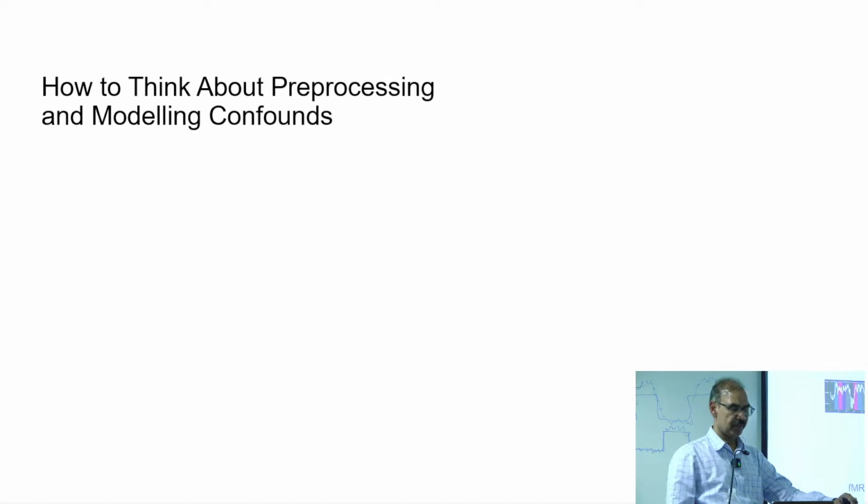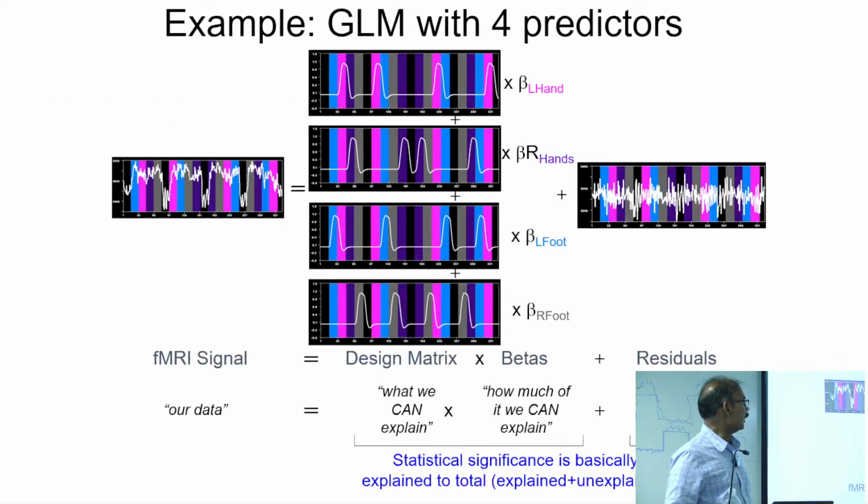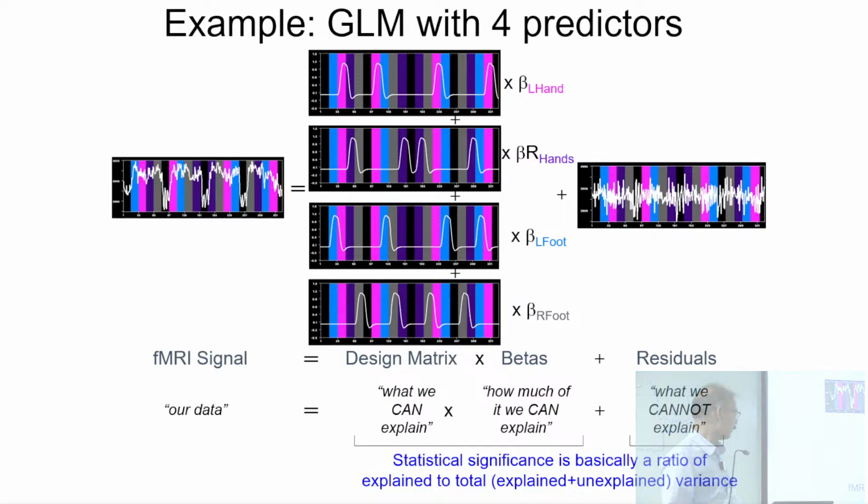And based on the example we did yesterday, if we have 4 predictors, like left hand, right hand, left foot, and right foot, then the fMRI signal is the design matrix multiplied by the betas plus the residual, right?